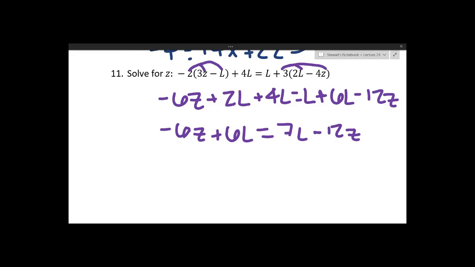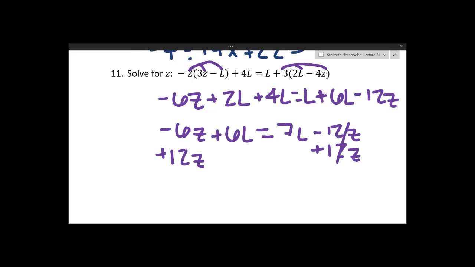Okay, so I want to get the variable of interest, the z, on one side, and to avoid having a negative in front of it, I'm going to add 12z to both sides to get rid of the negative. You can do it in either direction, you'll get the same answer. I like to do it to where we don't have to deal with the negative with the variable.